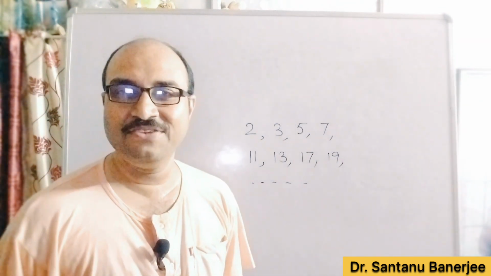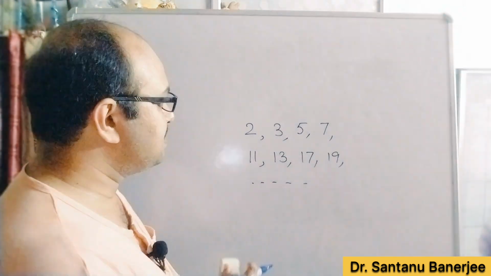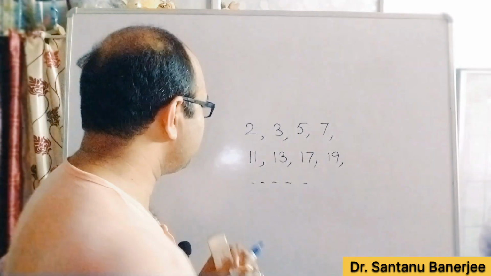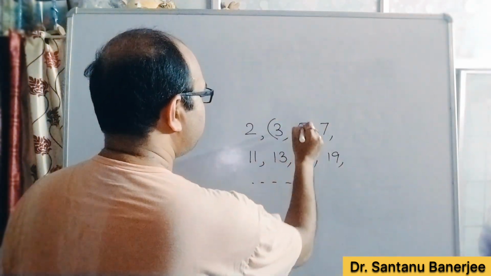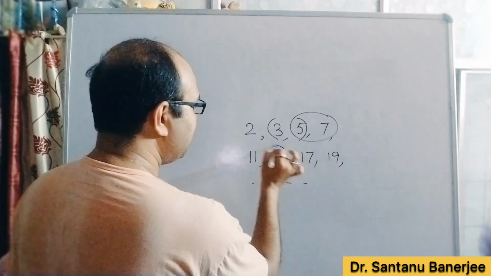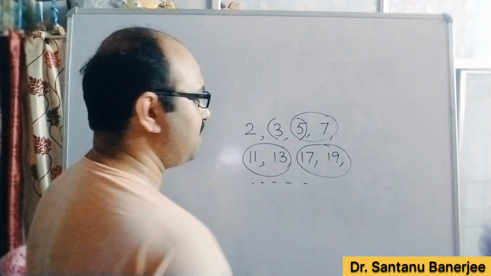You all know there are infinitely many primes, but if you look at these primes, there are some pairs of primes which are very special. For example, 3 and 5, 5 and 7, 11 and 13, 17 and 19.